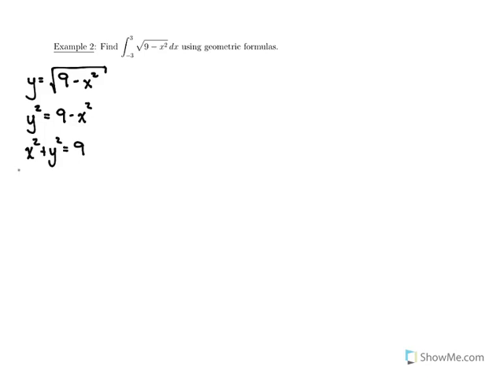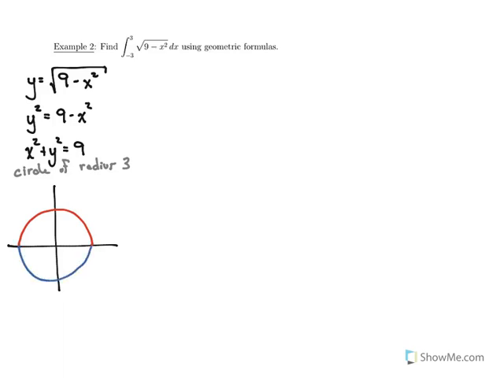And that is a circle of radius 3. And when we're thinking about this circle, the top half of the circle is the positive part of the square root, and the bottom half of the circle is the negative part of the square root.